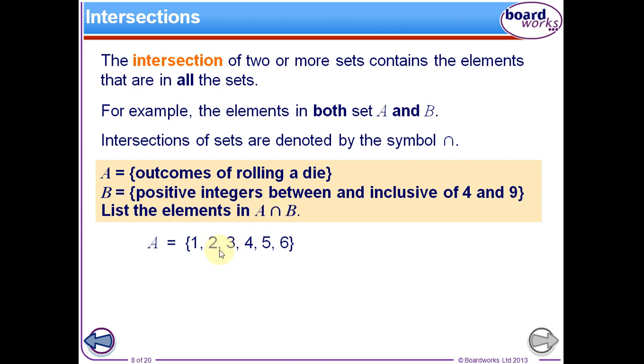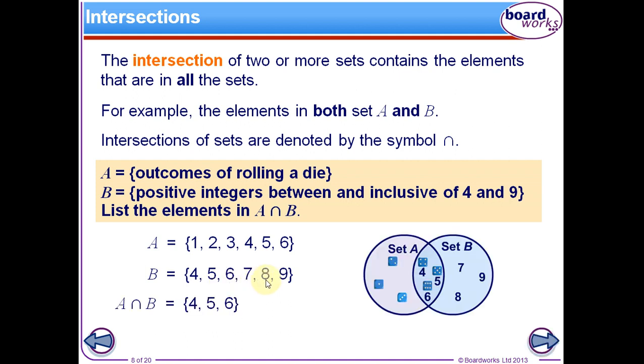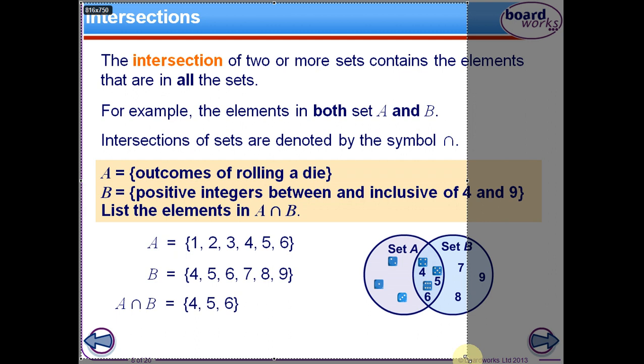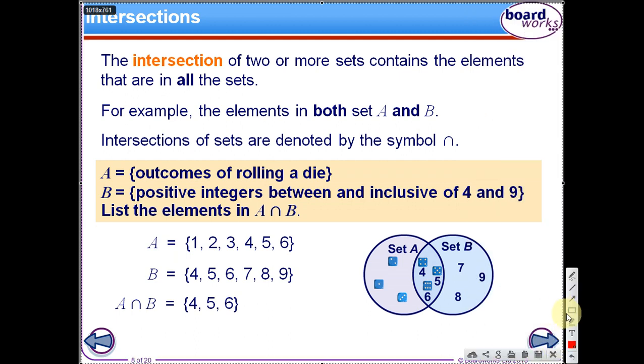These are the elements of A. This is set A. Don't forget, guys, we use uppercase to denote sets, and we use lowercase to represent the elements. B also, we have 4 to 9 inclusive. The intersection means what is common to both. For example, I have 4 here, and 4 is here too.